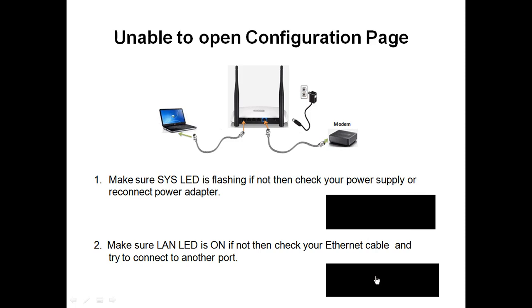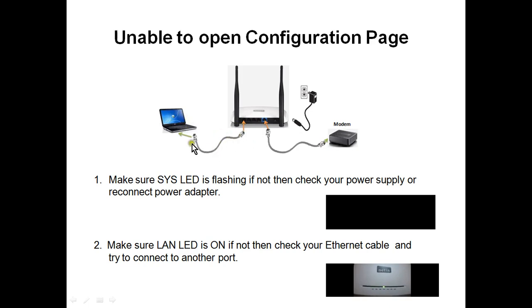Next, we will check the LAN LED. We have connected our laptop to the LAN port, so we will check the LAN LED status. Make sure the LAN LED is on. If not, then check your Ethernet cable.